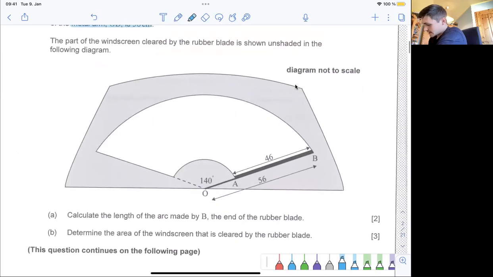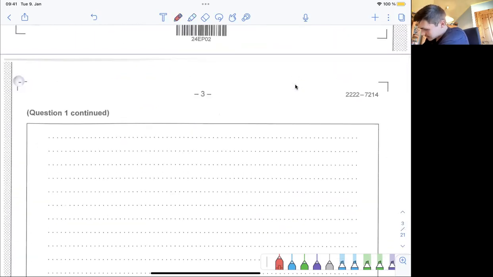Cool. Part A asks us to find the length of the arc made by B, the end of the rubber blade. So that's going to be this big arc here. The way we're going to calculate that is using the length of an arc formula, which is in your formula booklet, which we'll write down here. So part A: L for the length is equal to theta over 360 times 2 pi r.